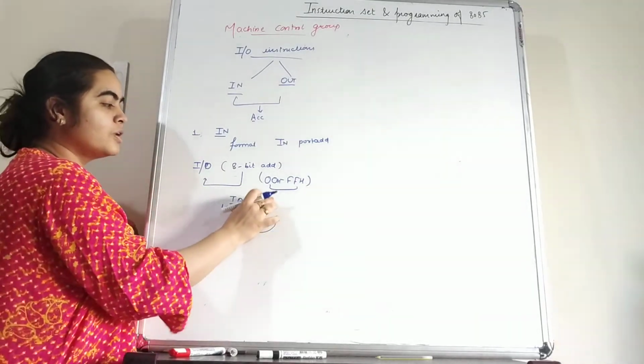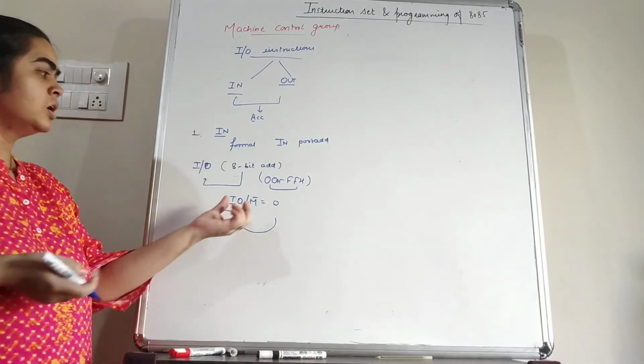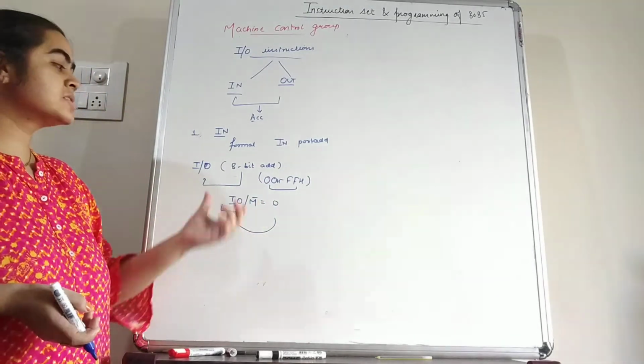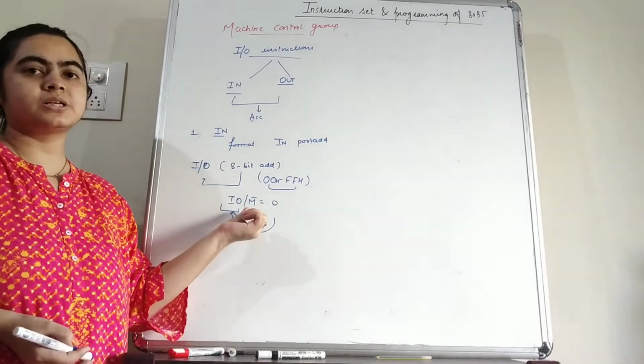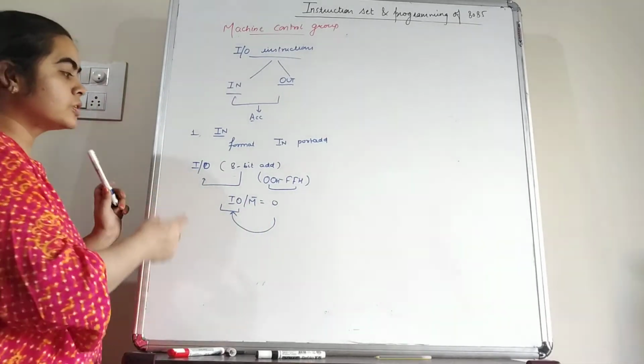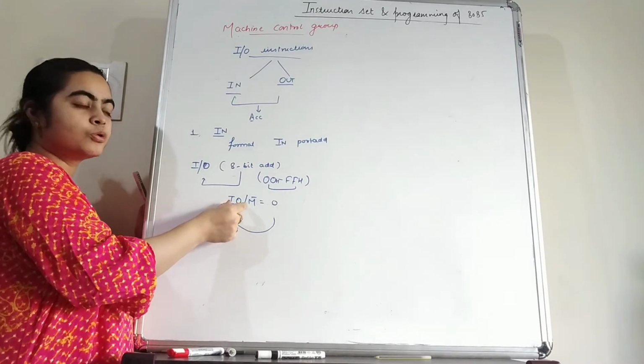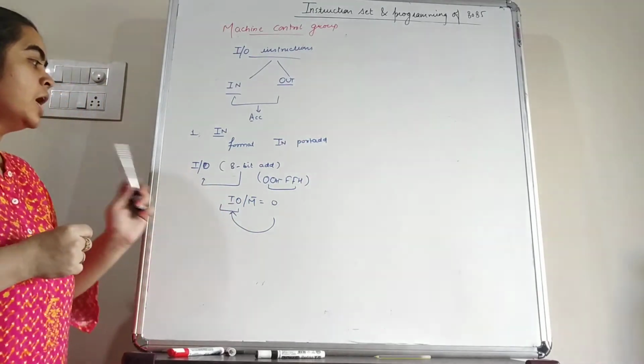But when the value is equal to 0, the address available on the address bus represents a memory location. This is how we distinguish the input output and memory addresses.